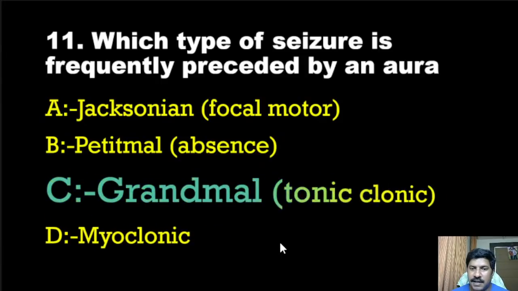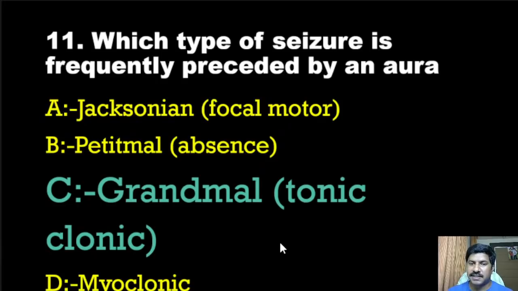Correct answer is grand mal seizure or generalized seizures. Grand mal seizures are also known as generalized seizures or tonic-clonic seizures. Before a grand mal seizure, the patient will get some kind of indication that the seizure is coming.